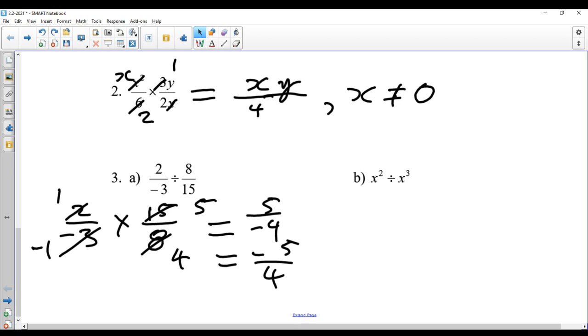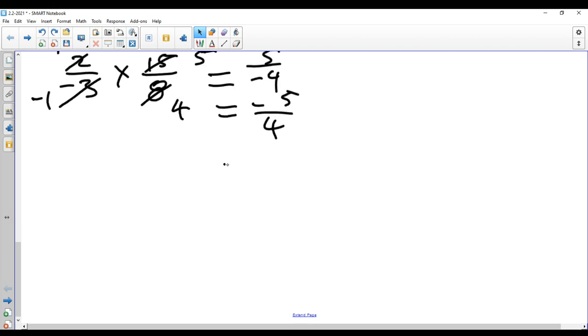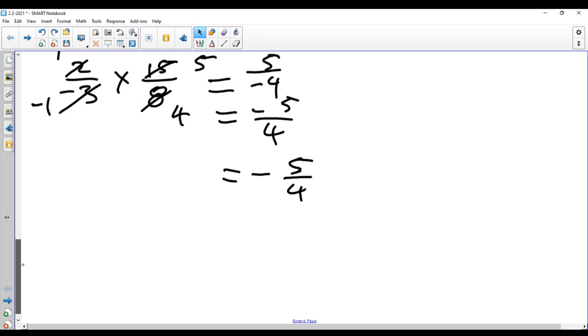Or an alternative, just put a negative in front of the whole fraction. So either put it on top or the bottom. Can I put it on both, the top and the bottom? Is that okay? Why not? That sounds like such a good idea, right? It gives me a positive. I'm going to change the fraction to a positive by doing that. So I can put the negative on the top, on the bottom, or in the front, but not on both. That would change things. All right, okay.